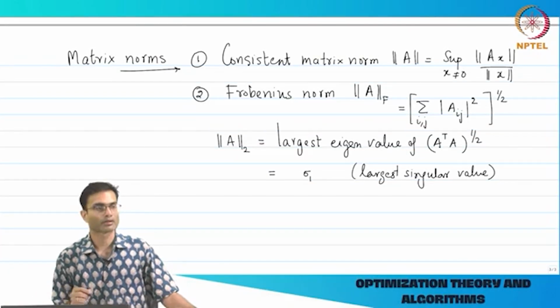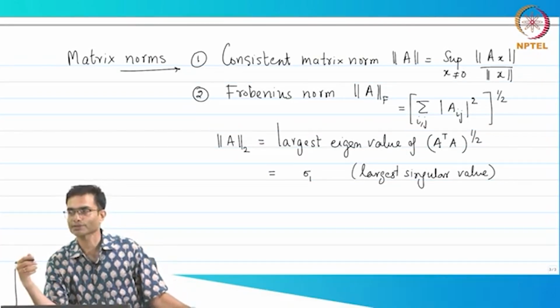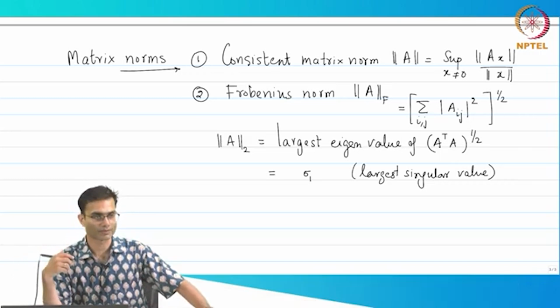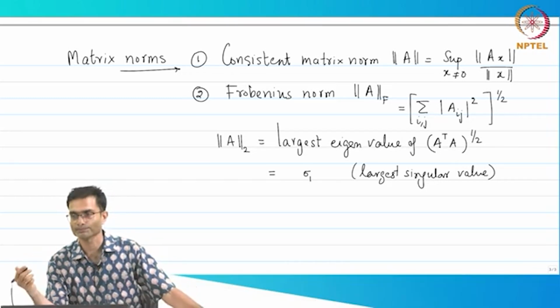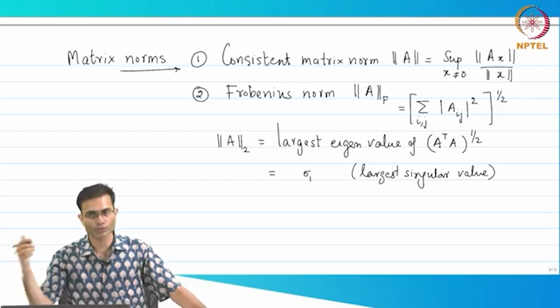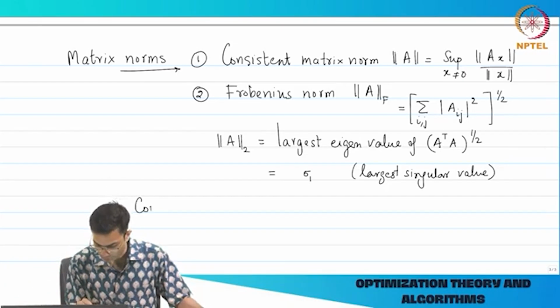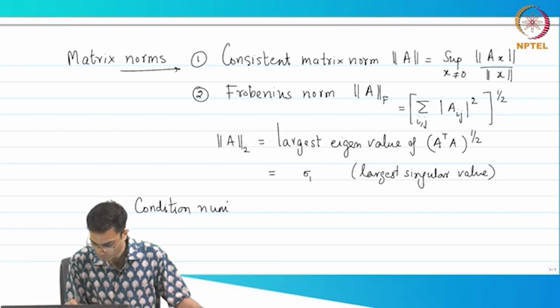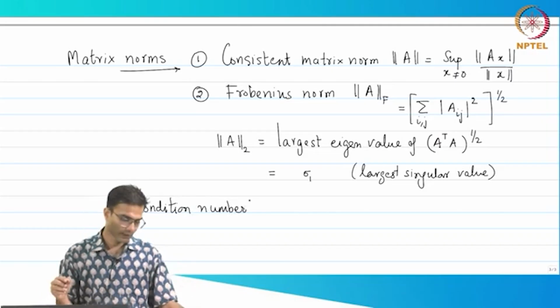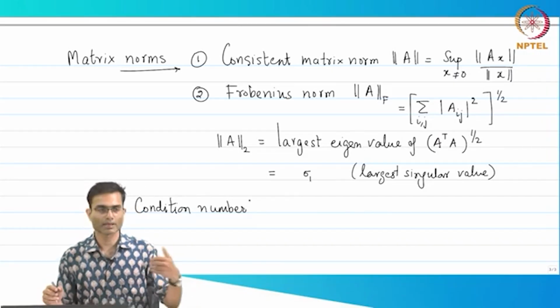Now related very closely, once I have the definition of a norm, there is something which gets used a lot in linear algebra and also in optimization, which is something called the condition number. We will talk about condition number as we go into the course.